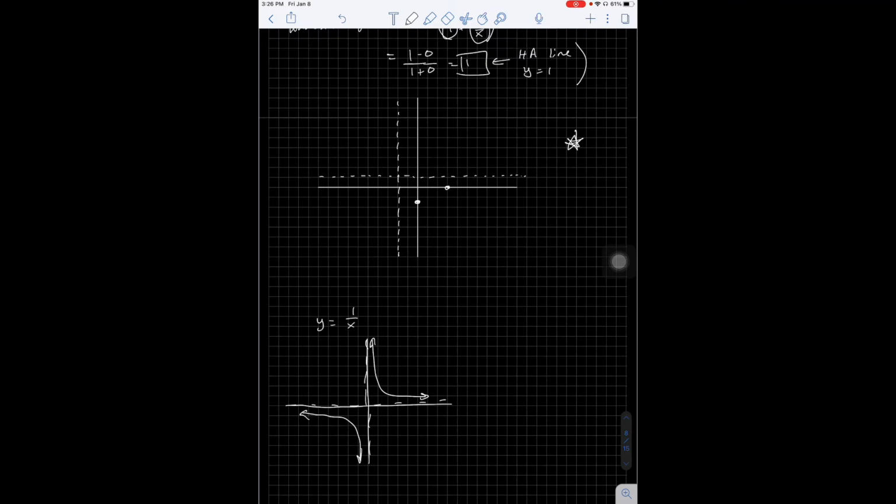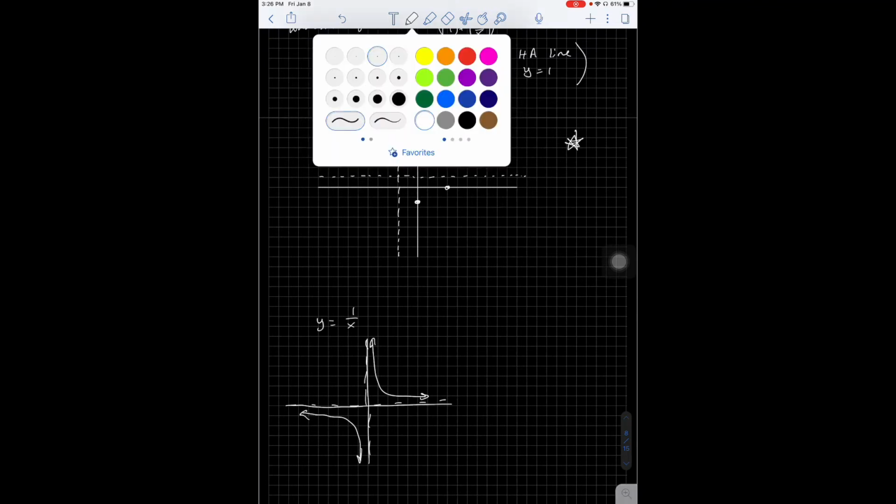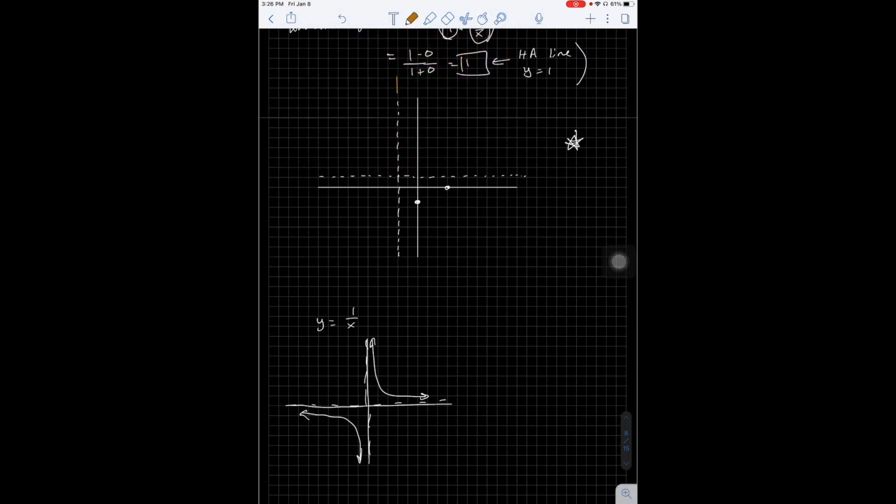Okay, so this vertical asymptote, let me do this in a different color. The vertical asymptote divides the graph into left and right. See that? There's a left side of that and a right side. And the horizontal splits it into top and bottom.